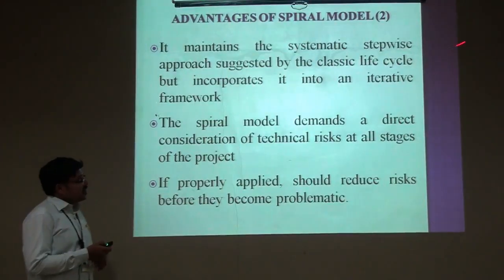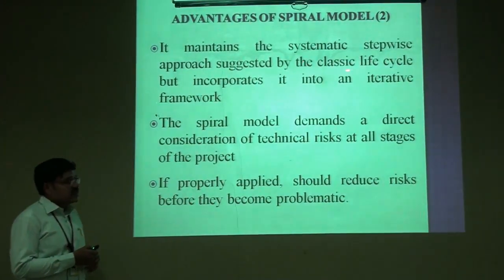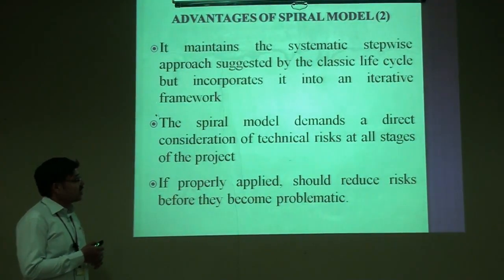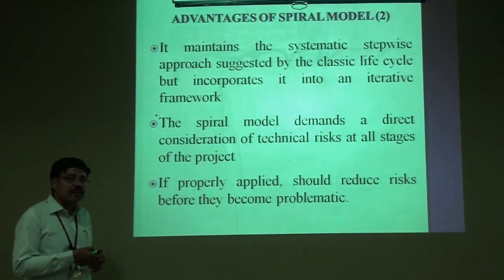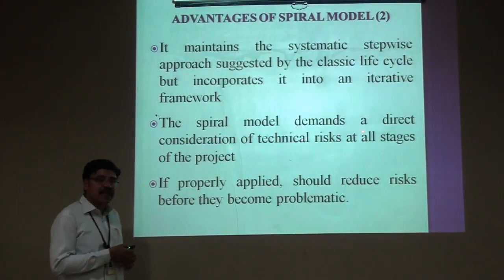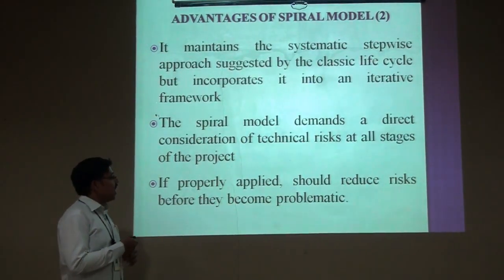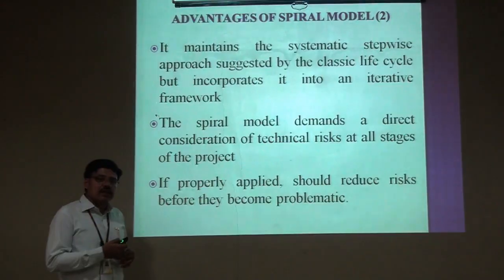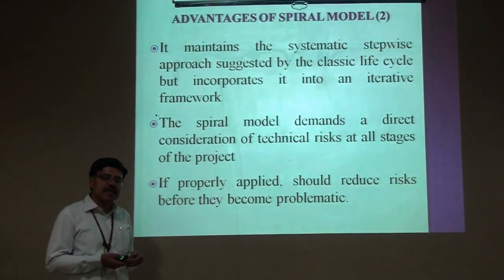It maintains a systematic stepwise approach suggested by the classical life cycle model, as well as it involves an iterative process. The spiral model demands a direct consideration of technical risk at the initial stage itself, and later on we can remove all the technical risk. Once we remove all the technical risk, we can come out with a quality product automatically.